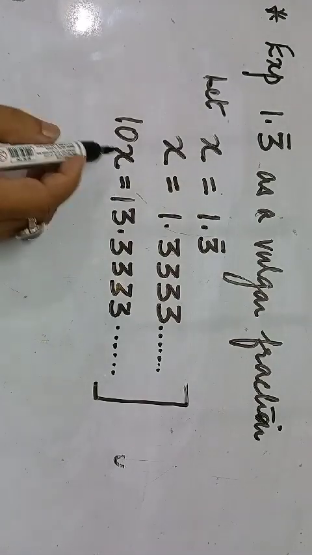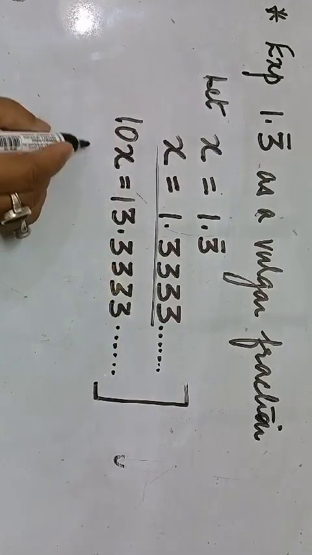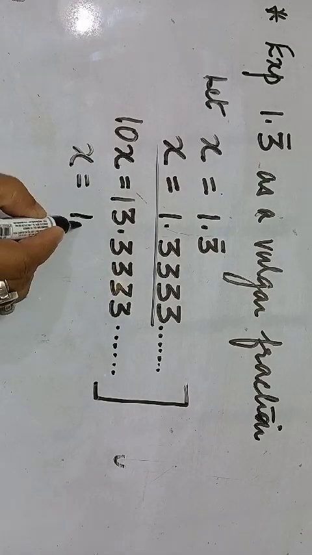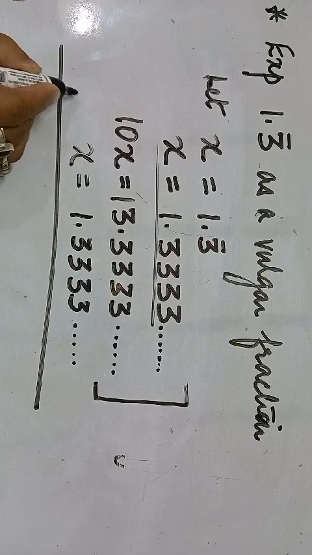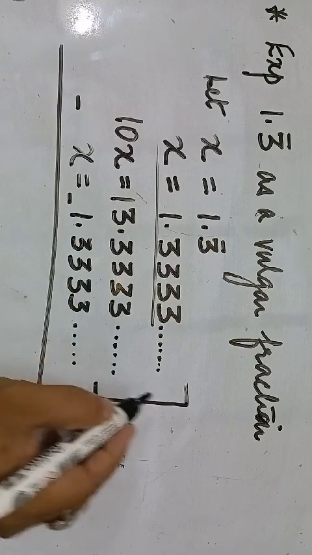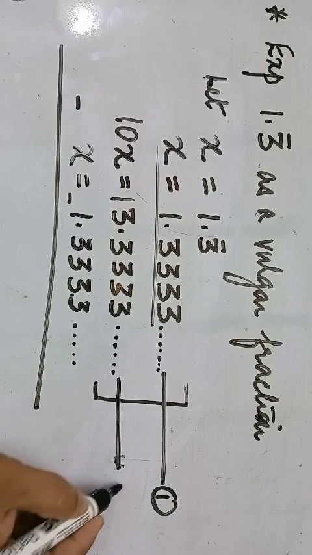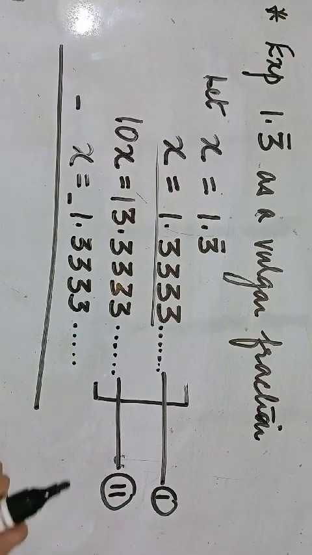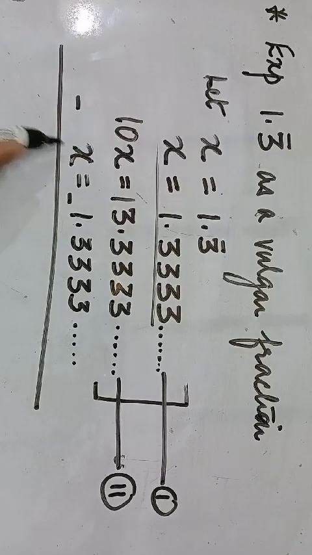So after doing this, let me write this particular step just below, and then I will subtract. If I call this equation 1 and I call this equation 2, essentially I am doing 2 minus 1, and you will come to know why I am doing it. When you do 10x minus x, you get 9x on the left hand side.